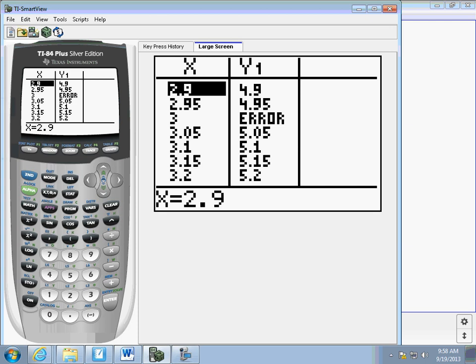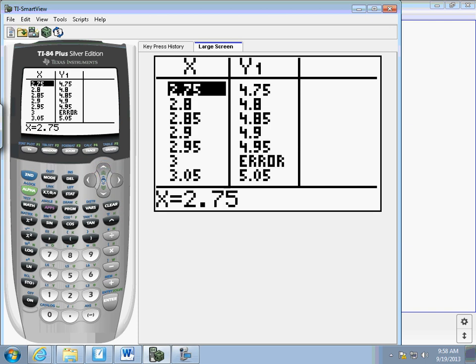So I'm at 5.2, then 5.15, 5.1, 5.05. What value is it going towards? 5. What value is this going towards as I go the other way? As I come from 2.75 and work my way down, I'm getting bigger and bigger. Now I never get to 5. 5 is never on this graph.